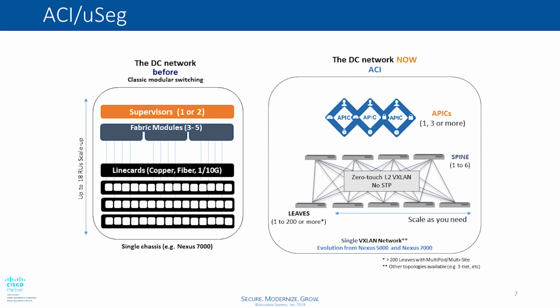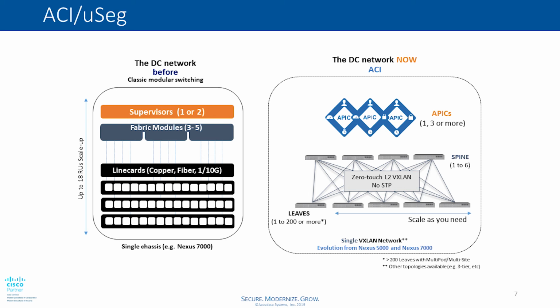Doing an analogy to the new architecture of ACI, again from top to bottom, we have the controllers, which are the APICs. That's a cluster of controllers. It could go from 1 to 3. Three is recommended, or even more if you are extending your fabric into a multi-site or multi-pod. Then we go with the spines. The spines are compared to the fabric modules on the Nexus 7K.